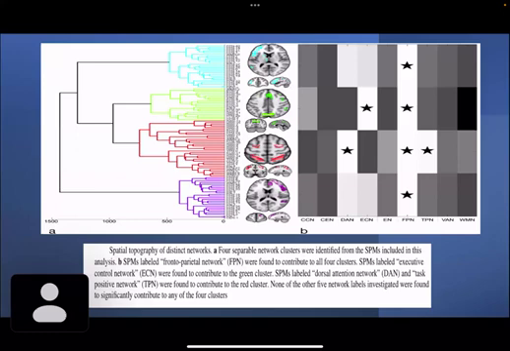None of the other labels have been found to significantly contribute to any of the 4 clusters.